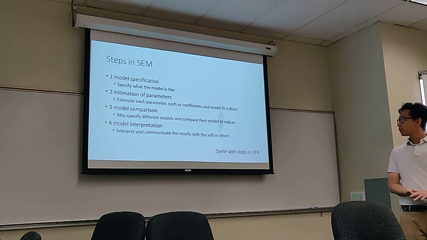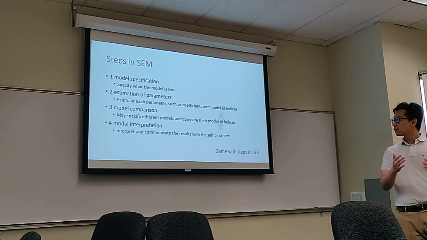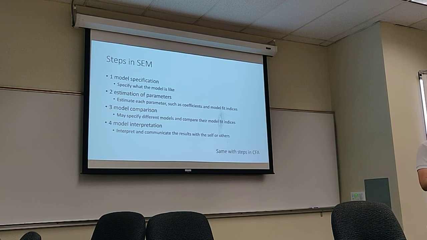The third part is you can make different models and compare them to see which one the data fit better. And the last step is model interpretation: how you communicate and interpret the results with yourself and other people.